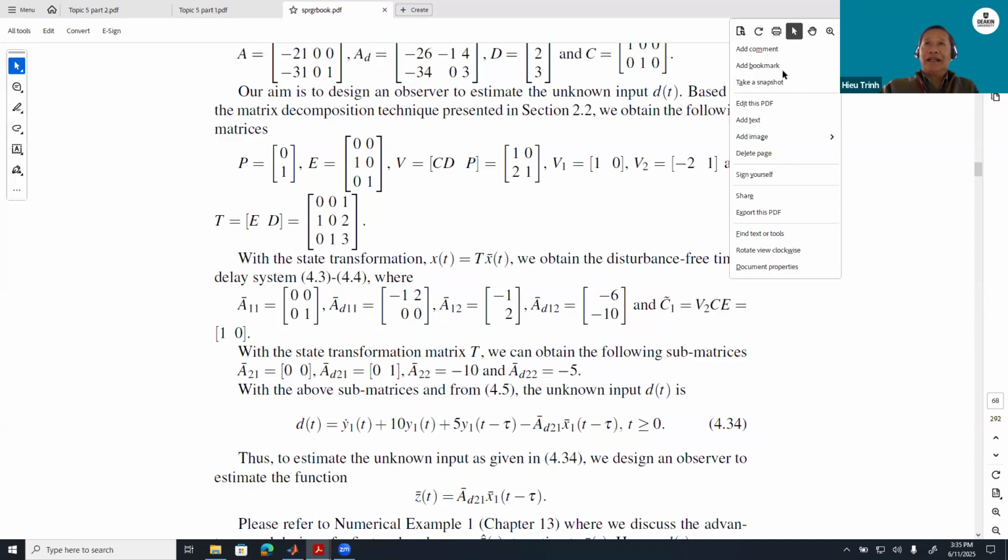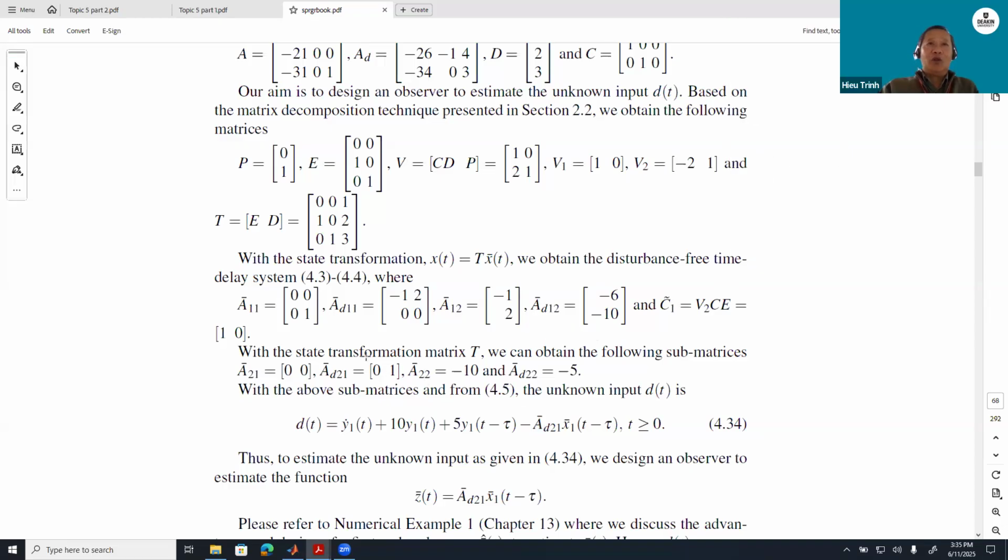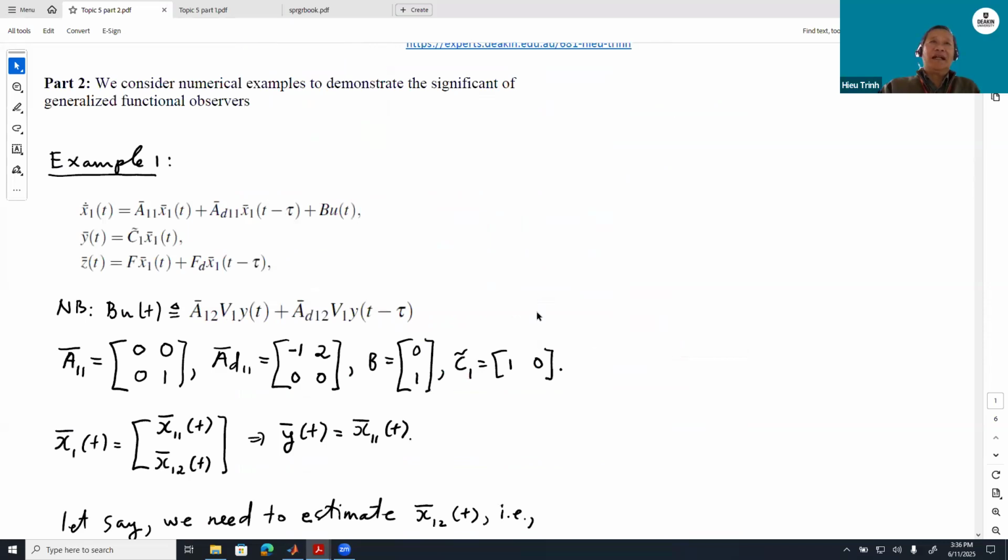Looking into this, A bar D21 is 0, 1. So basically, we require the estimation of a delay stack variable x bar 1,2(t - tau) directly. There was no method available at the time.